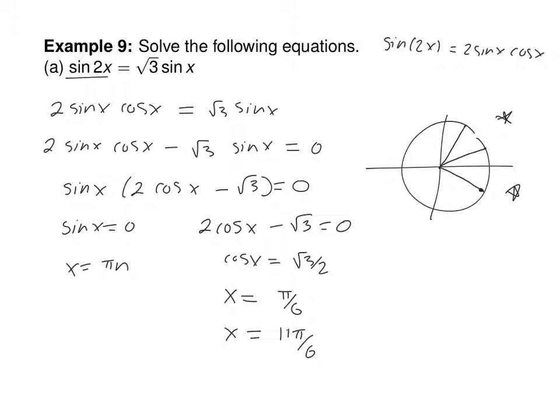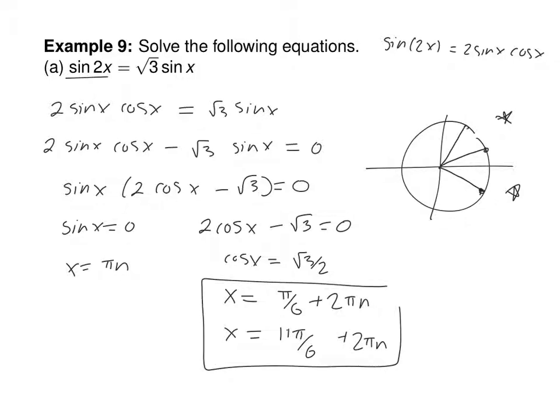And for both of those, they're not an equal distance apart, so you're going to have to add 2 pi n on both of them. Can you combine them as one and say x equals plus or minus pi 6 plus 2 pi n? I think you could. Let's just not for now, but I think that would be okay. Because minus pi 6 is. Yeah, no, I agree. You probably could.